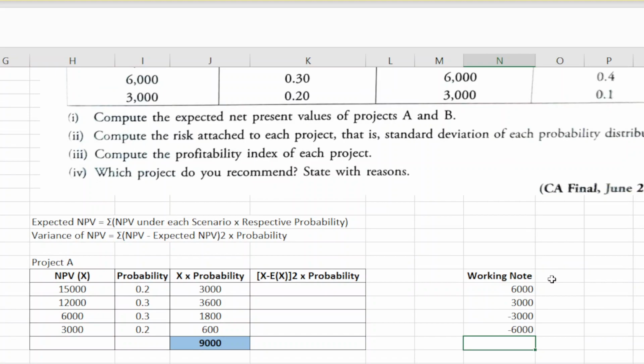Here I will be doing the square of NPV minus expected NPV. Yeah, expected NPV. Hope it is visible. Let me check once.